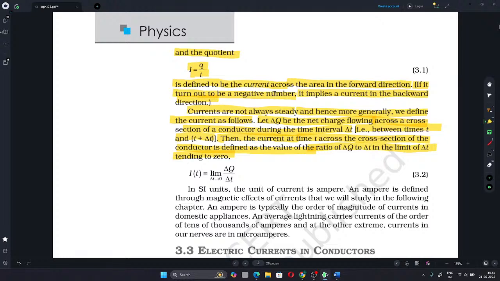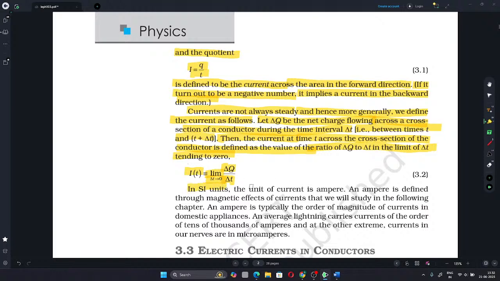Then the current at time t across the cross section of the conductor is defined as the limit, as delta t tends to 0, of delta q by delta t.